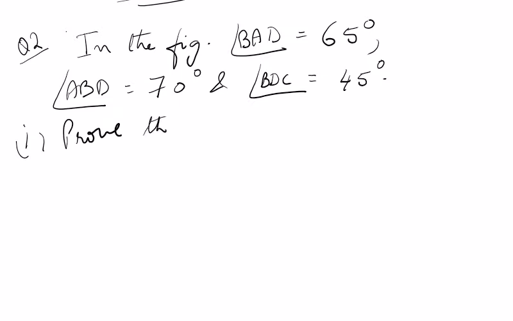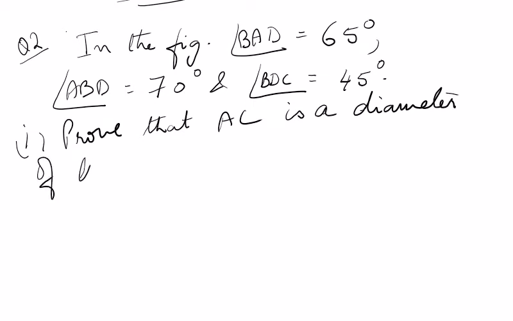Prove that AC is a diameter of the circle, and second one, find angle ACB.